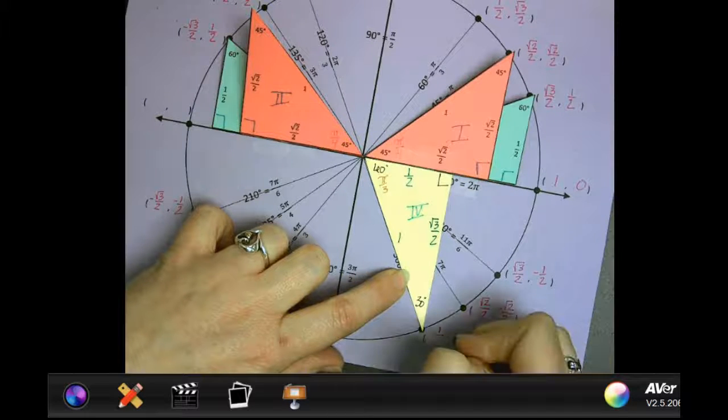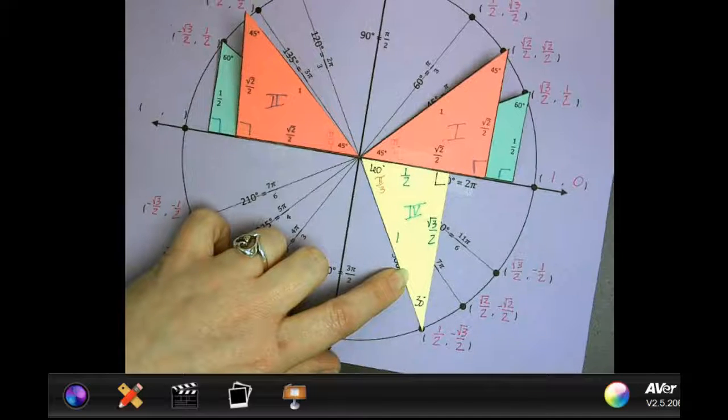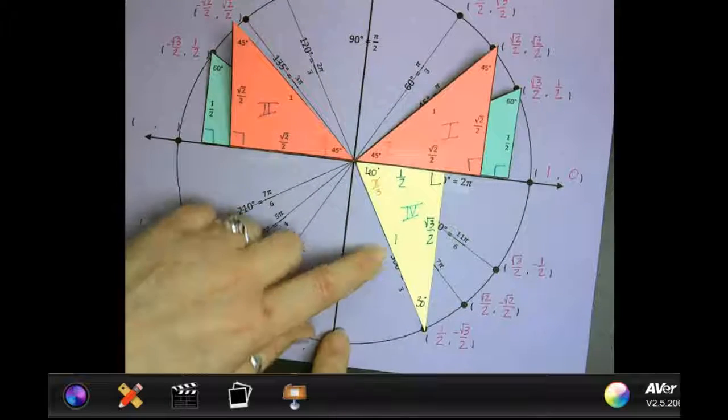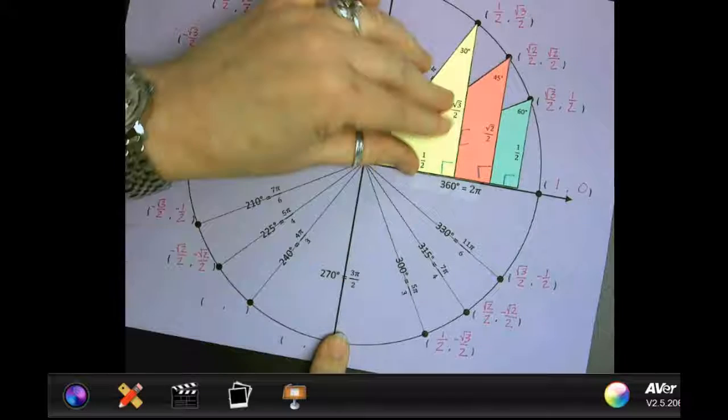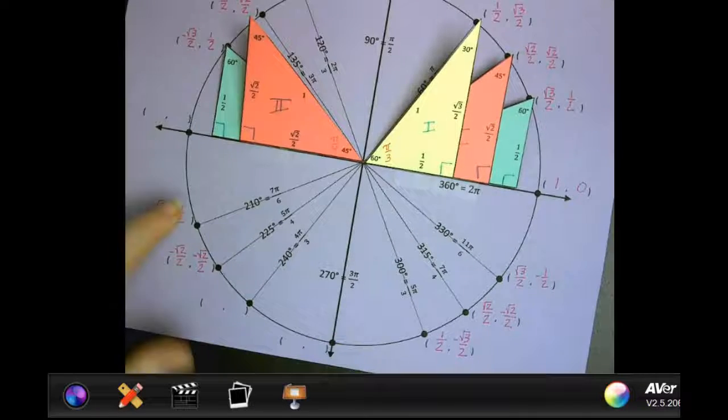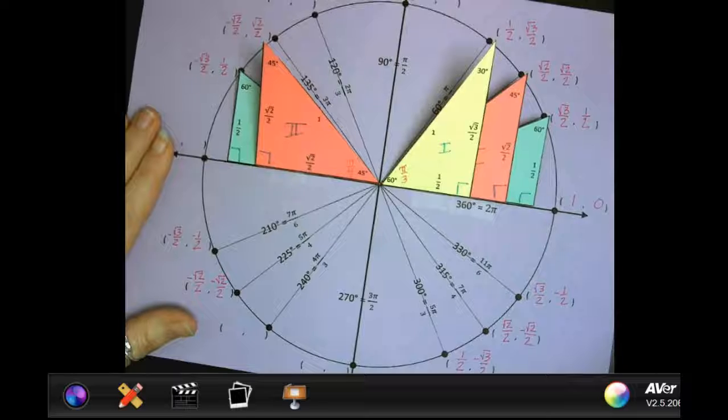Y value is a negative square root of 3 over 2. By now, I kind of get the pattern that's going on there, right? Reflect it back and forth. We're getting it.